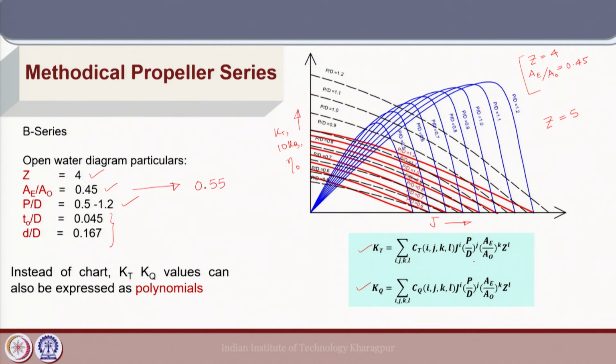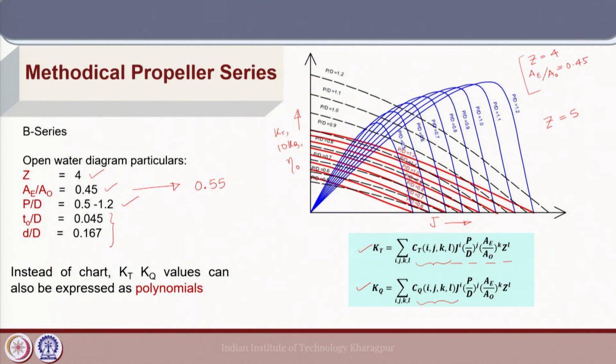where kT is expressed as functions of J, P by D, AE by A0 and Z, and these coefficients Ct, and similarly for kq we have Cq, will depend on these 4 parameters.